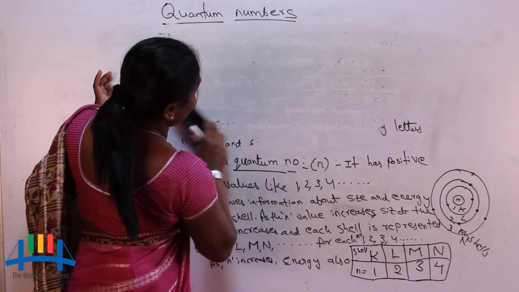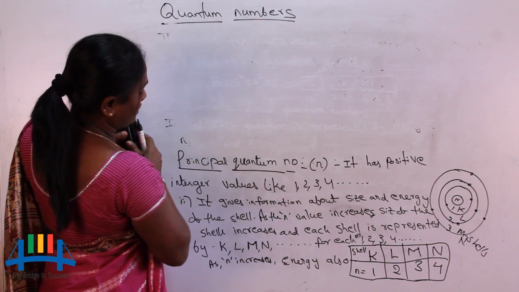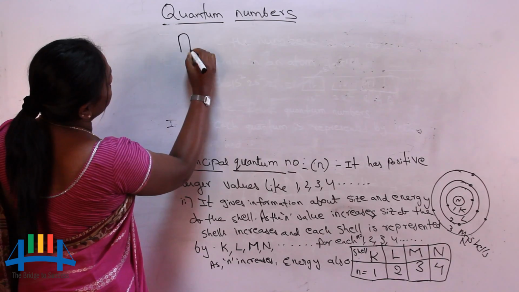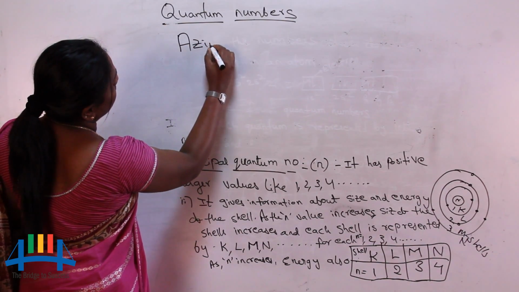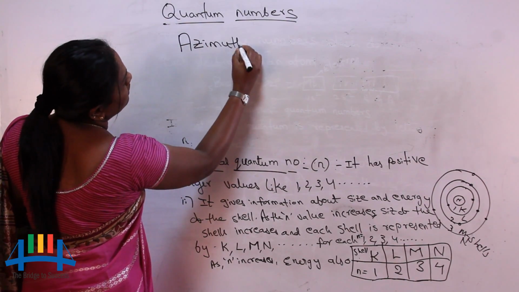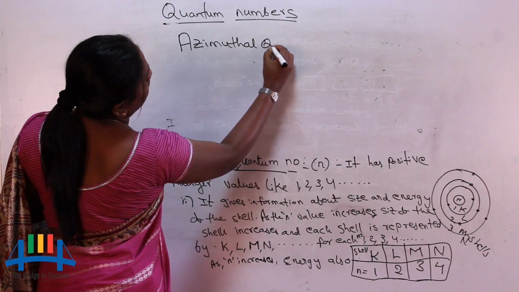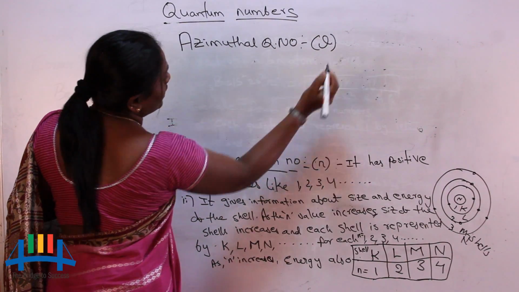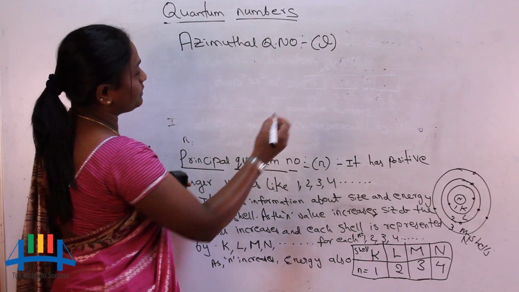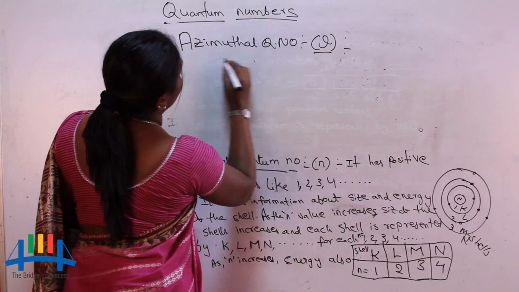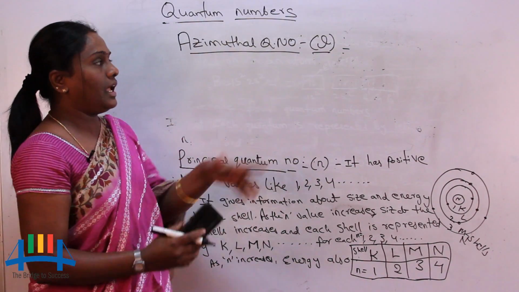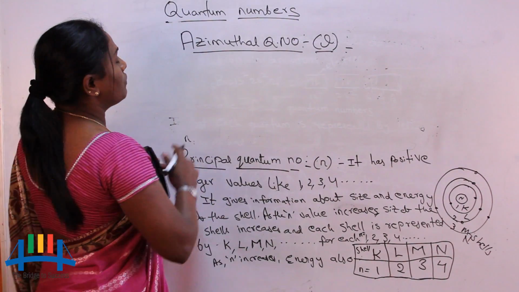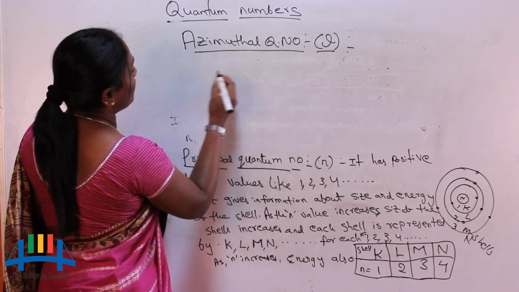Now the second quantum number is the azimuthal quantum number, and it is denoted by the letter l. This l carries integer values for each given n value.